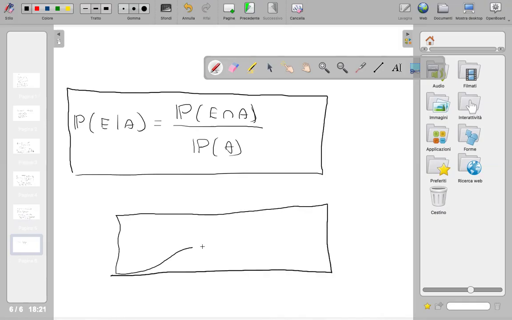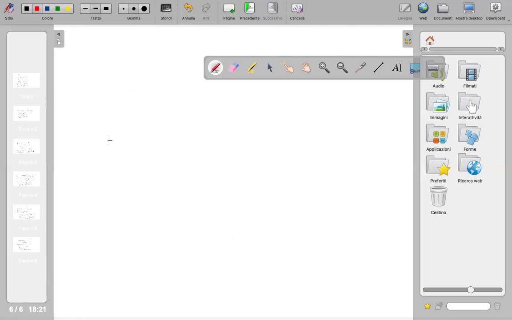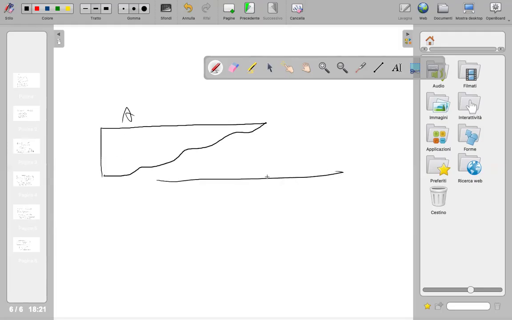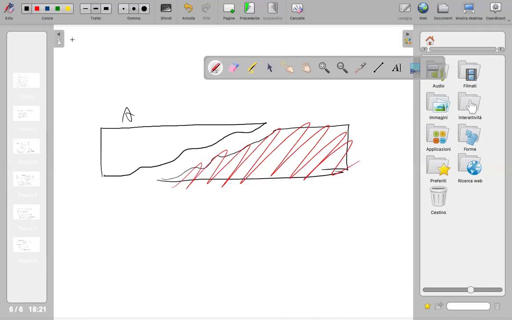Well, we know that A happened, so we simply erase what is outside A. And now our new world is simply A. We have forgotten about what was here. So here we have our P, but now our P is not anymore of mass 1 here.